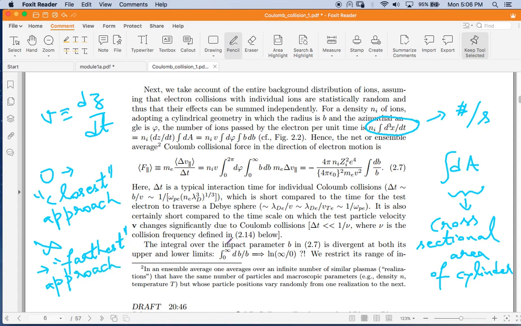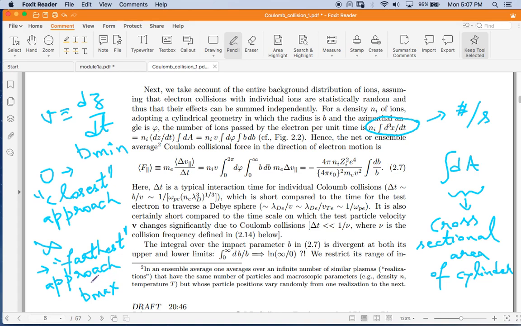This is already giving you a bit of a taste of what we're going to do now. We're going to replace the 0 by some kind of B min, if you will, and we're going to replace the infinity by some kind of a B max.